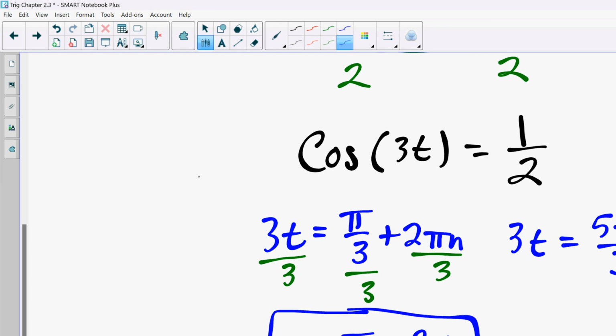So there's one of our sets of angles. We would do the same thing with the other side. Here we would have 5 pi over 9 plus 2 pi n over 3. And that would be it.